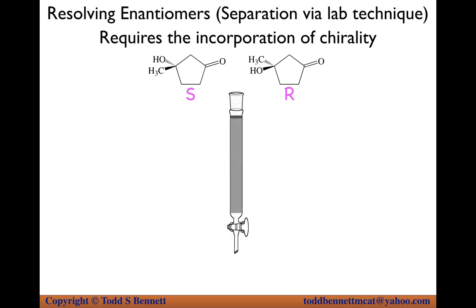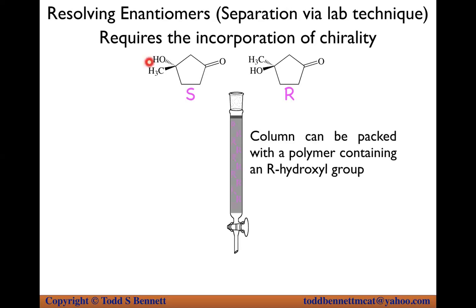So we exploit that. We take advantage of that technique by making a column that has something that interacts with this compound. So let's say we use another alcohol, something like attracts like, so I put a compound in there. If I make the compound some other compound that's R, the S will have a greater affinity and stick to it. The R will go through faster.